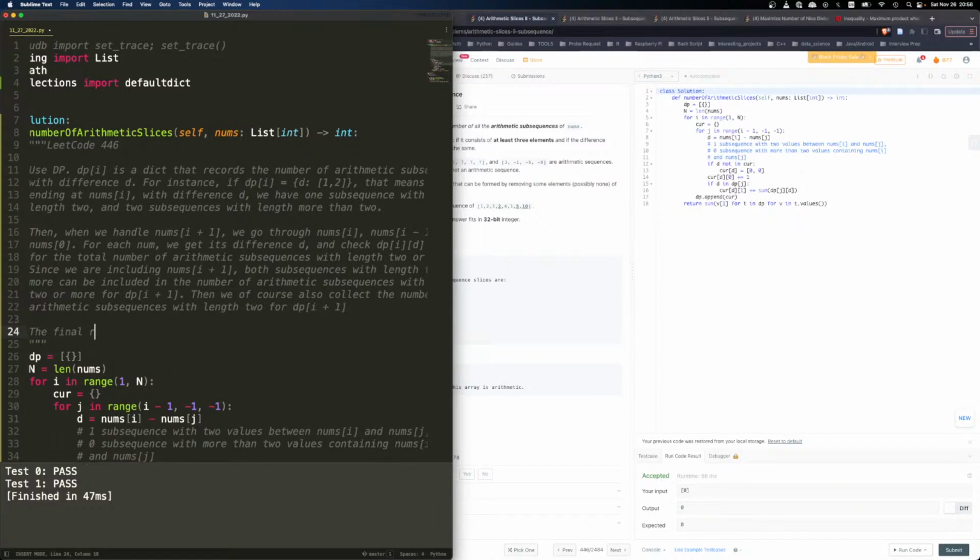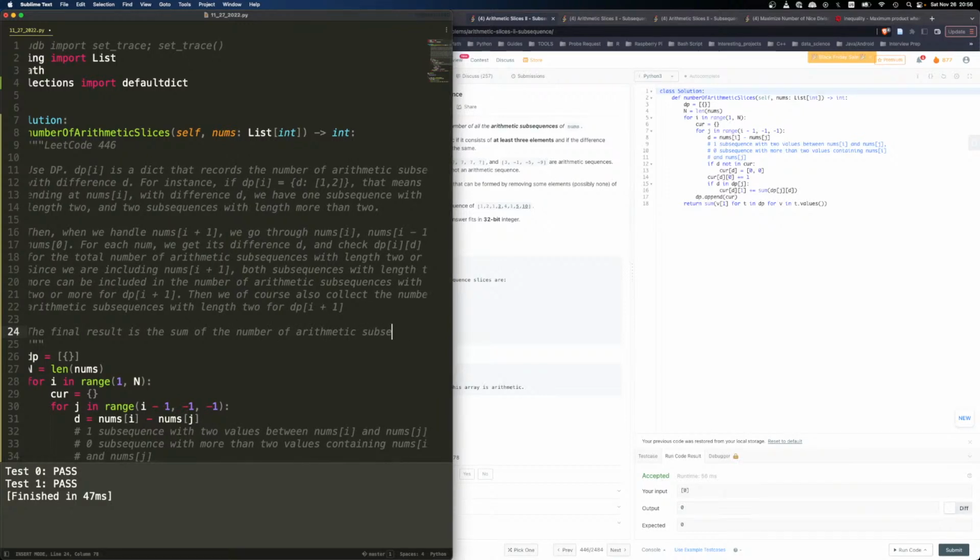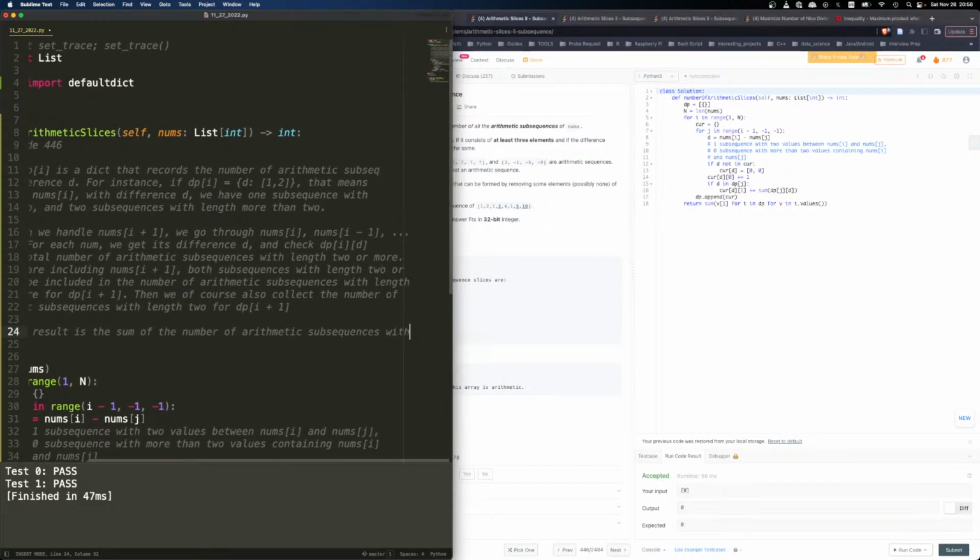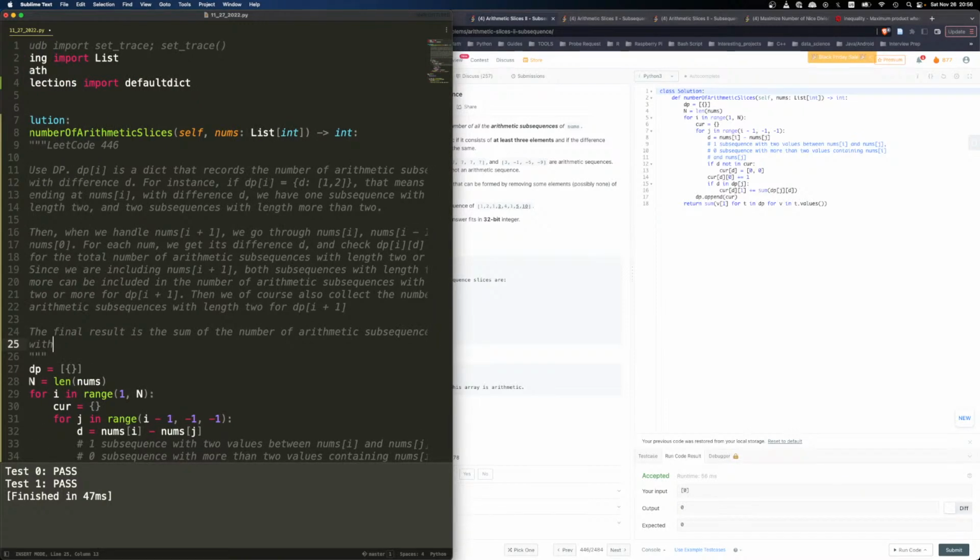The final result is the sum of the number of arithmetic subsequences with length more than 2 for all numbers and all differences.